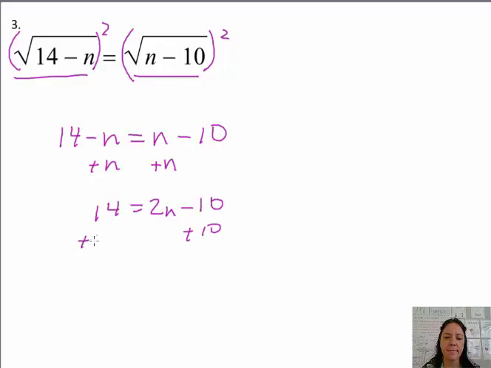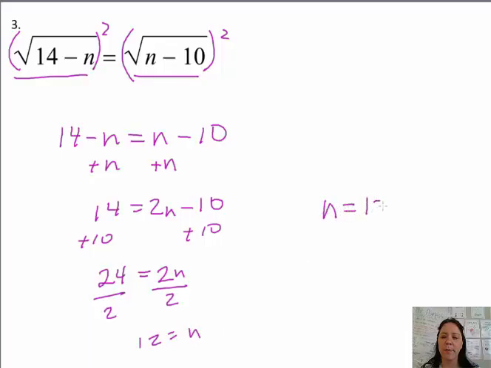Add 10. I have 24 equals 2n. Divide by 2. And that gives me 12 equals n. So n equals 12 is my final answer.